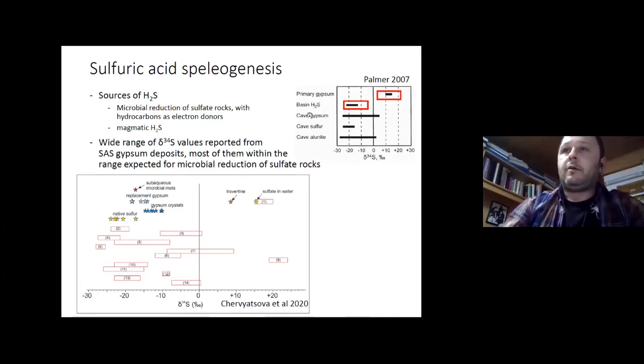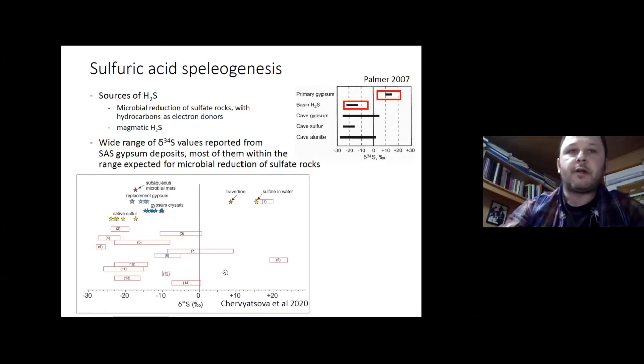And by microbial reduction, where hydrocarbons can act as the electron donors, we can have formation of hydrogen sulfide. This has been found as the most common situation, but there can also be a contribution of magmatic hydrogen sulfide, although this is a much rarer situation, and not many examples have been found.